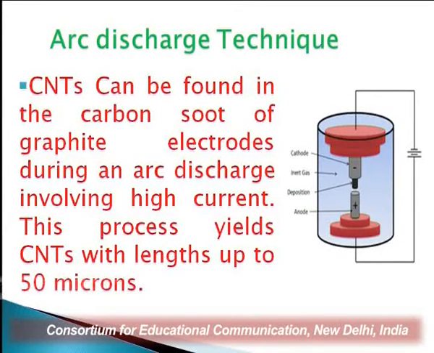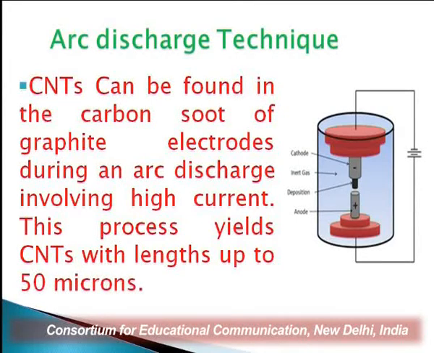The third method, which is also used to prepare the carbon nanotubes, single and double wall carbon nanotubes, is the arc discharge technique. As the name suggests, an arc discharge is produced between two graphite rods. One works as a cathode and another works as an anode. So CNT can be found in the carbon soot of the graphite electrode during an arc discharge, which involves a high current.